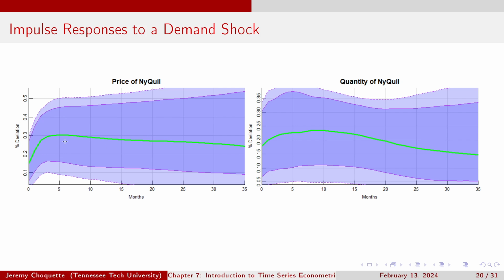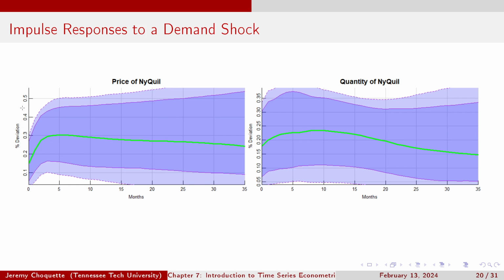But overall, if you had to look at the price of NyQuil and say, did it go up or did it go down, you'd say it went up. It unambiguously went up. Because this is 0, look along the vertical axis, this percent deviation from the steady state. The mouse right here is at 0, and this is above 0.